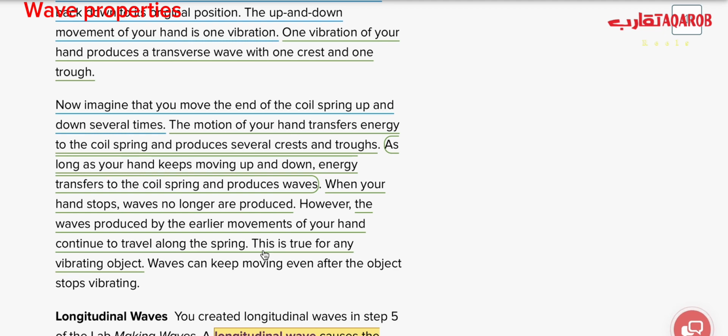To create more waves, you must give more energy by shaking your hand more and more up and down. Energy transfers to the coil spring and produces waves. So when your hand stops moving, no more waves are produced. If you stop your hand, you will not produce any more waves because the energy will stop.